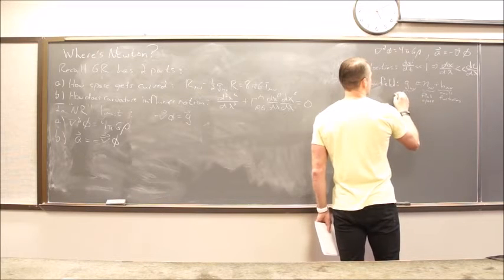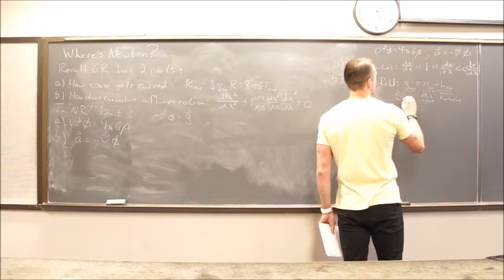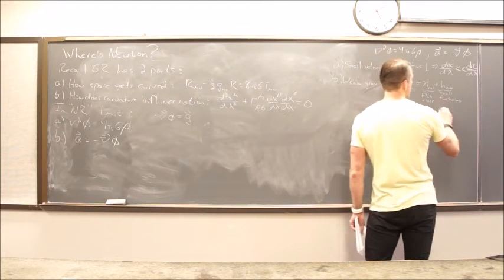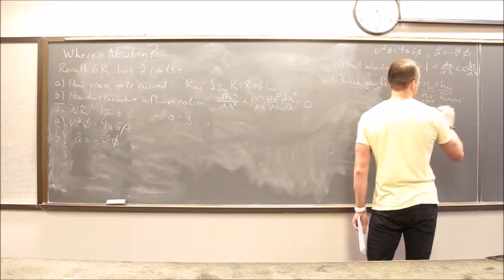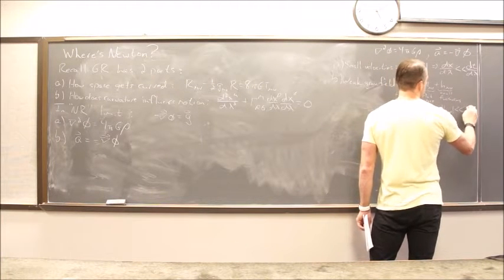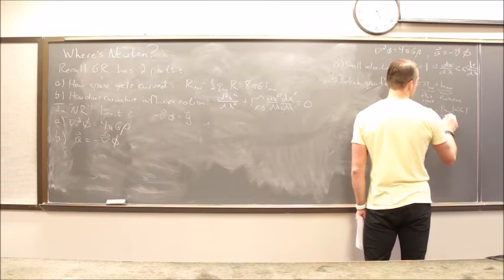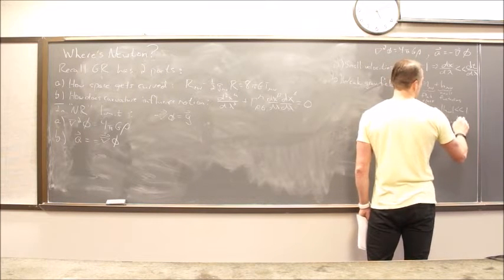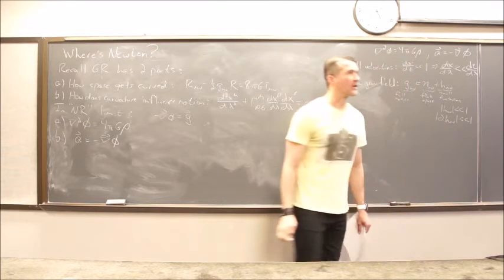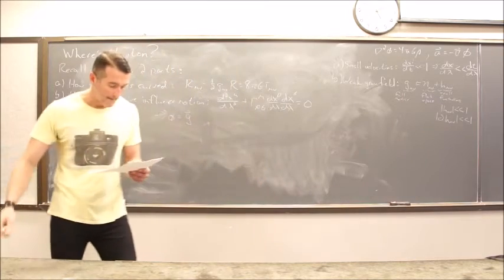And this is the full metric of our space. And by small fluctuations, what I have in mind is that the magnitude of these fluctuations should be much, much smaller than 1, and also the derivative of these should be much, much smaller than 1. Okay?